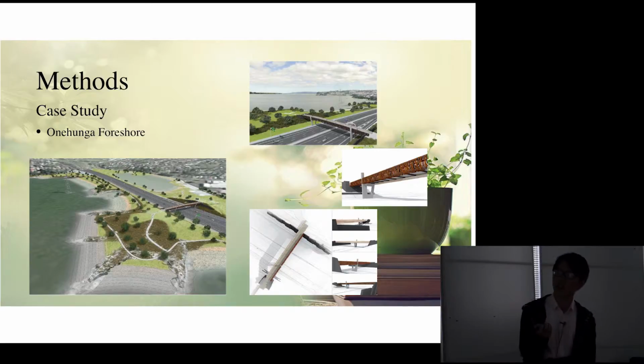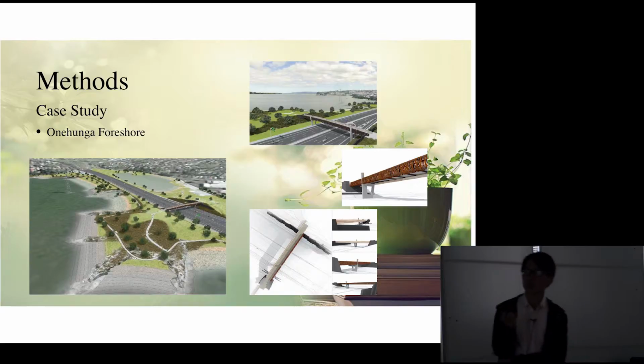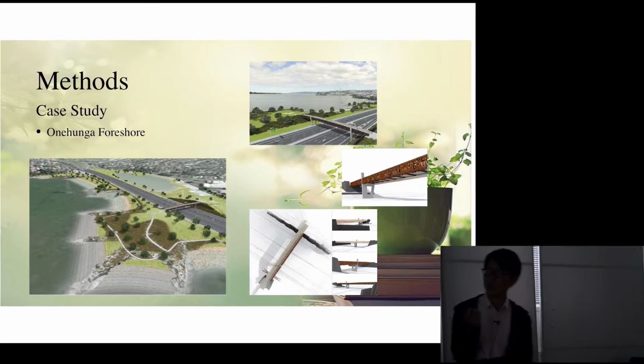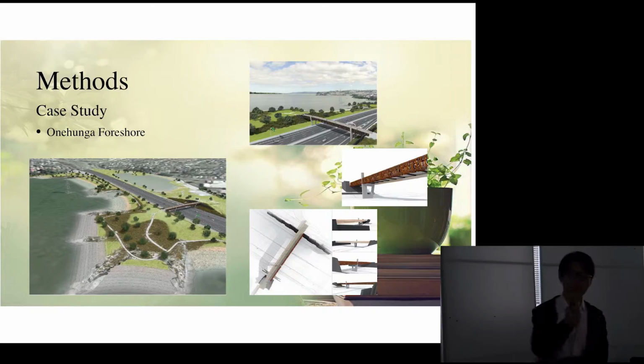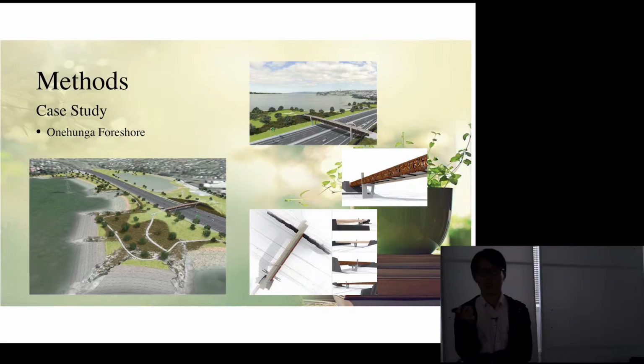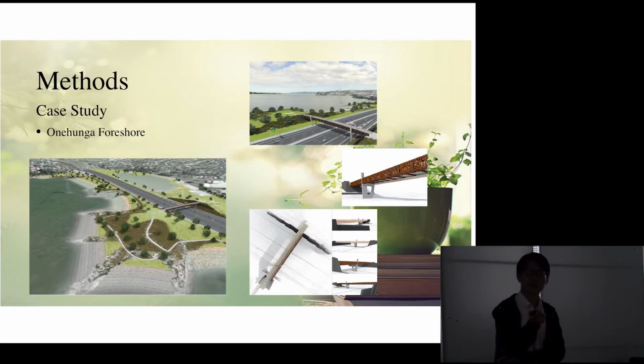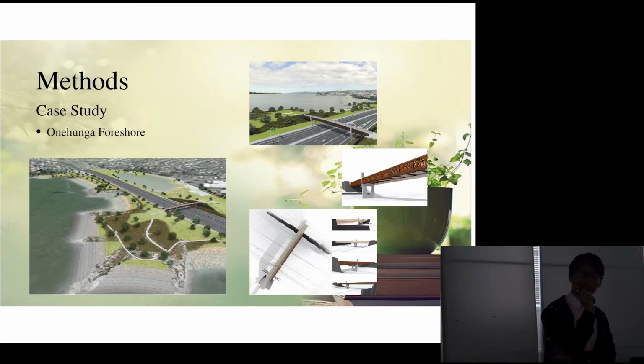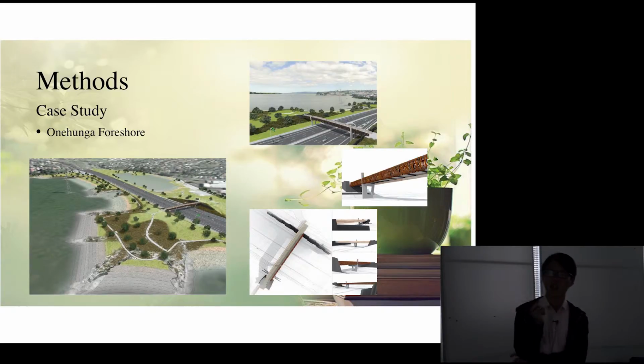So as we can see, there is a gateway feature bridge, which is low and elegant, to reconnect the coastal edge and the community physically. This bridge is conceived of as belonging to the people and land in Onehunga rather than the motorway.